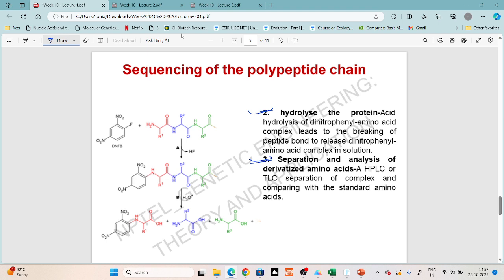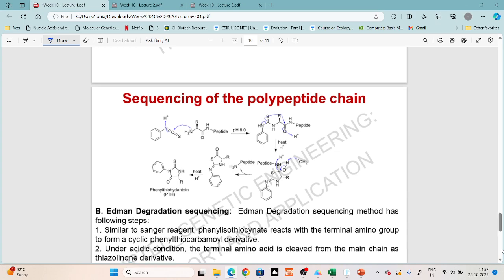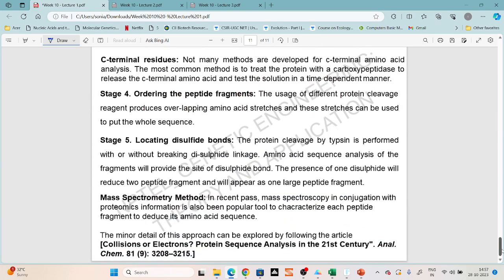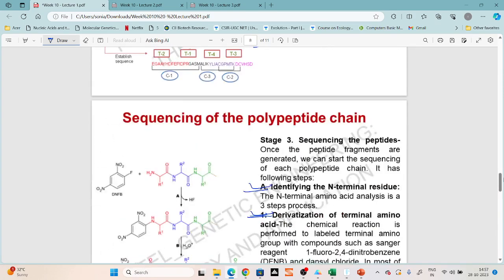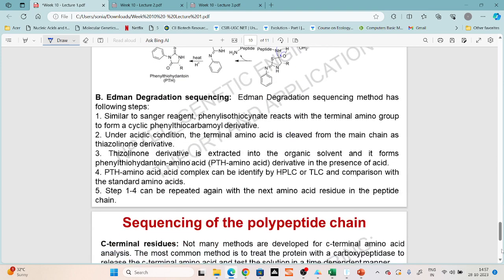So for this, you have different reagents that you have to use, that you can study. I'm just revising it here. You must have studied it in the class. Now we have two kinds of sequencing techniques for this. First, we're talking about the Edman degradation. So in Edman degradation, what happens? So basically, first we have studied about Sanger sequencing.